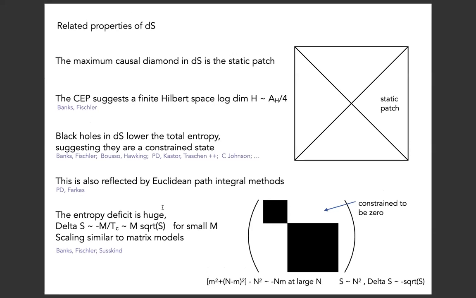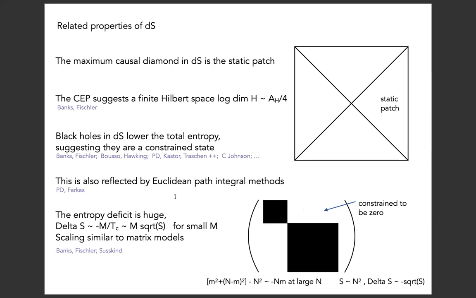And it's a huge entropy deficit that actually scales like the square root of the total entropy for small masses. This is a similar scaling, as has been noted many times and most recently in some work by Susskind, to matrix models. If you take a large matrix of degrees of freedom and then you start setting some of these column vectors to be constrained to 0, and you count how many degrees of freedom are left, it has the same kind of root S scaling.